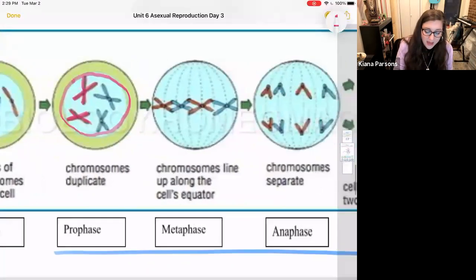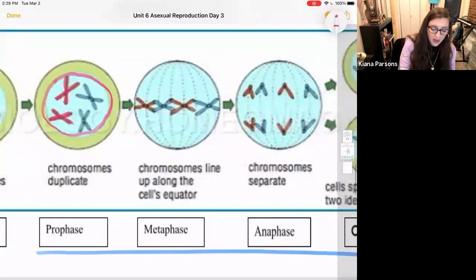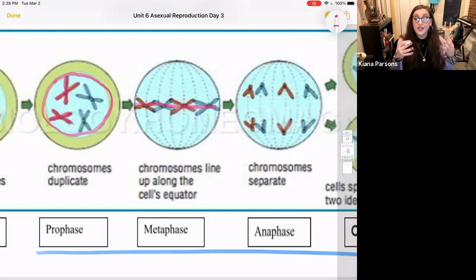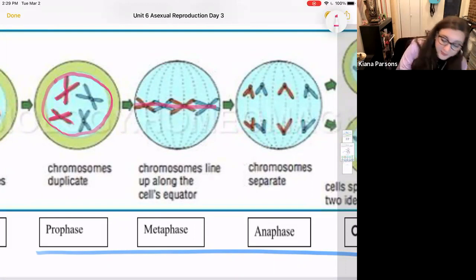So in metaphase here, the chromosomes now line up along the cell's equator, down the middle of the cell, to make sure that all the DNA has two exact copies that are going to separate and split into the two different cells.